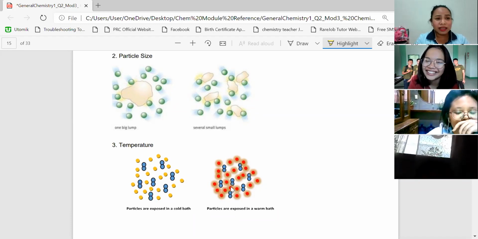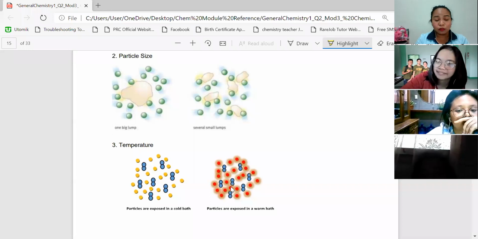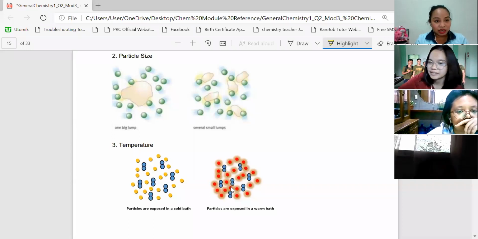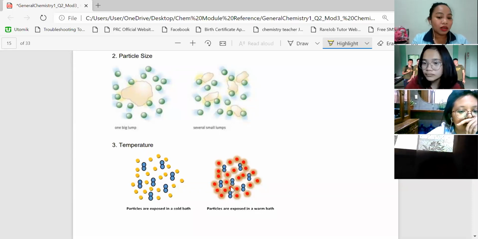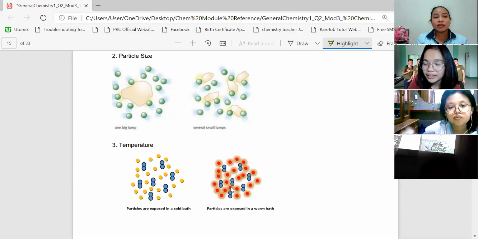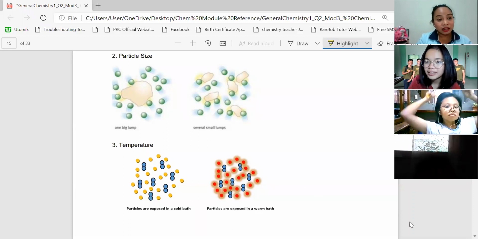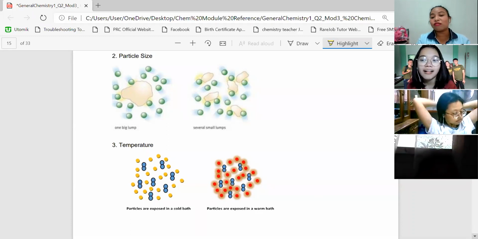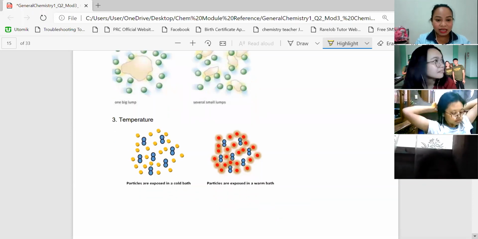So in particles, if they get heated, they move faster. We call it the kinetic molecular energy. It means that the moving energy of a particle increases when you increase the temperature. Since their movement is faster, they collide faster. So the probability of chemical reactions is higher, and the rate of chemical reaction increases.